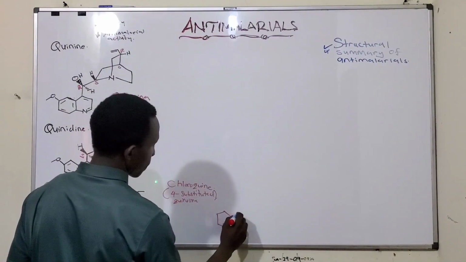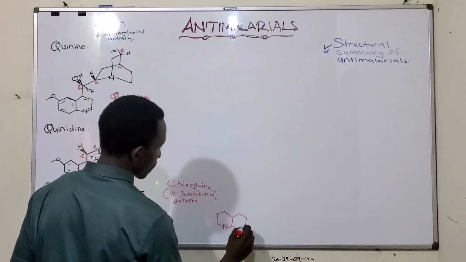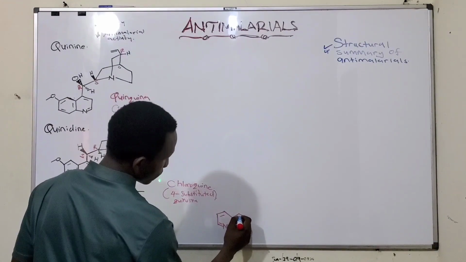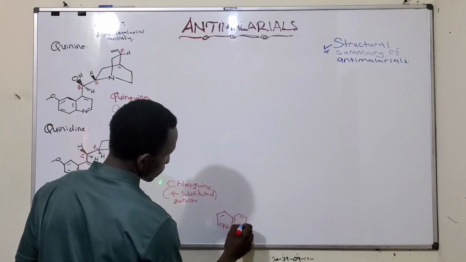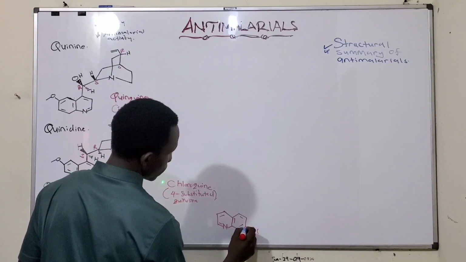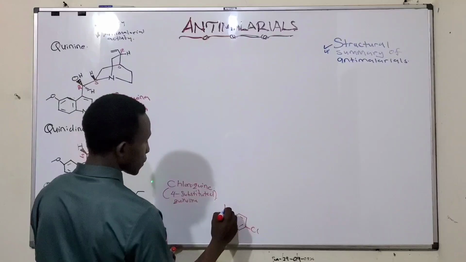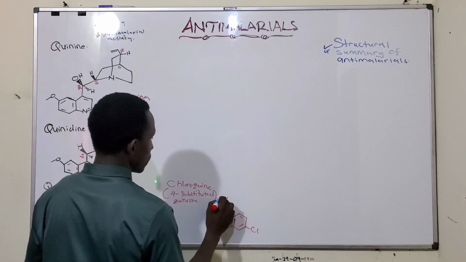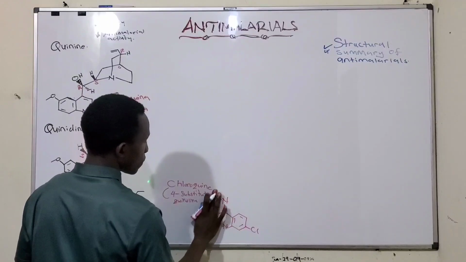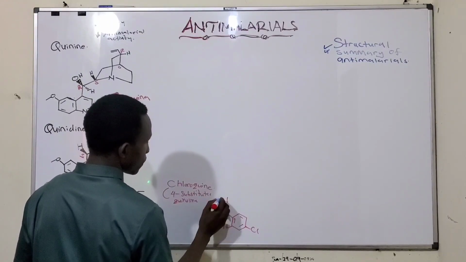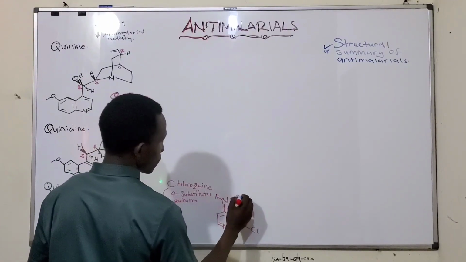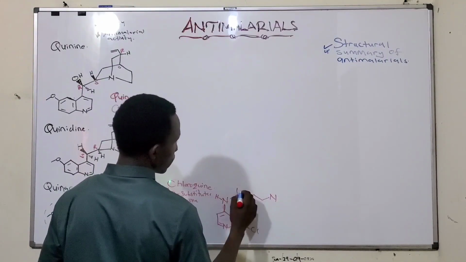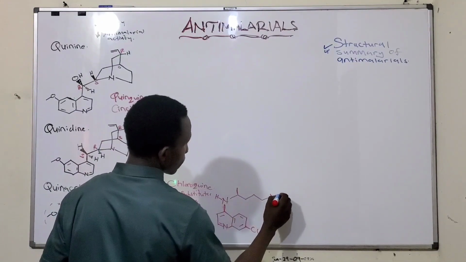There's N. Then here there is N with H. This is the methyl group.